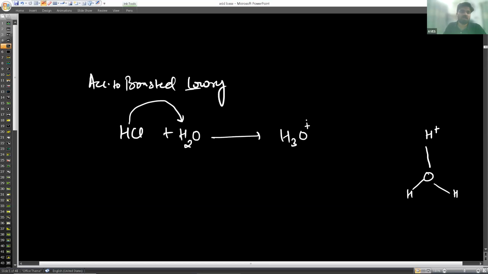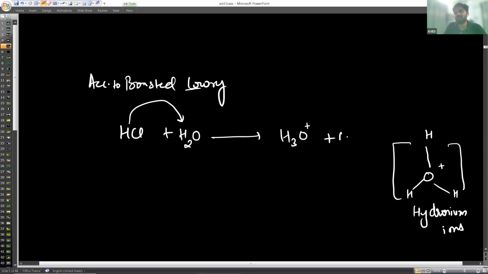Okay, with this O. And here it will acquire a positive charge, and this is called the hydronium ion. H3O positive, it will become, and it is called the hydronium ion. Hydronium ion plus Cl minus.